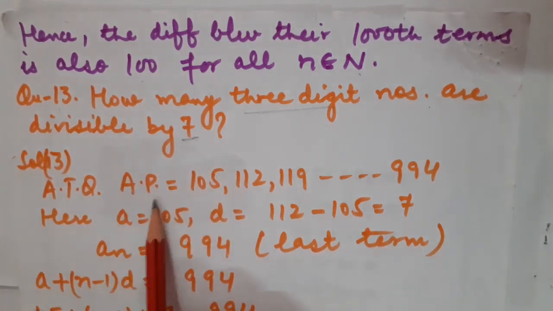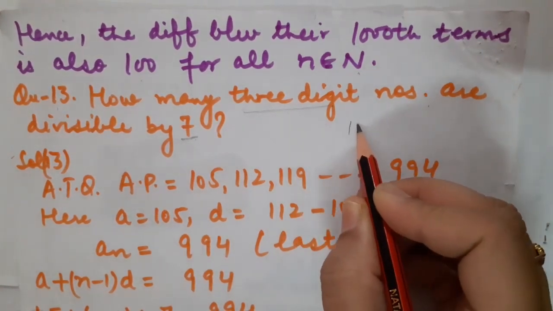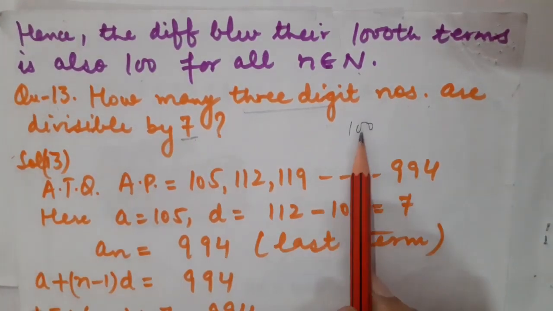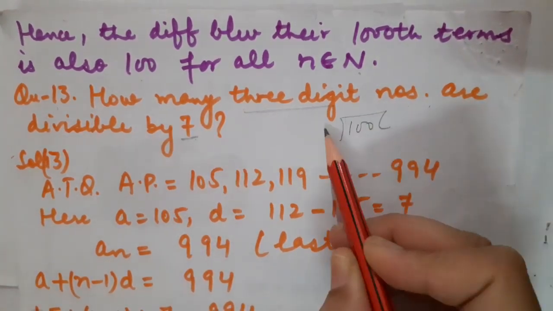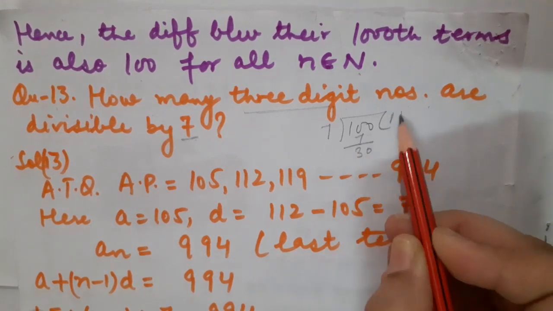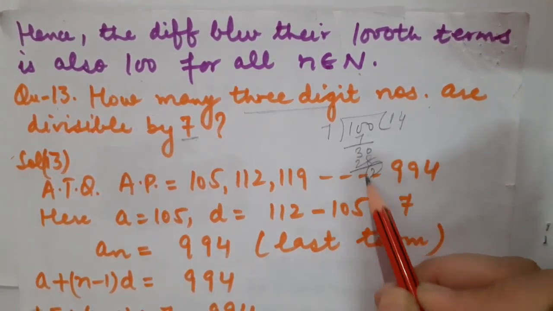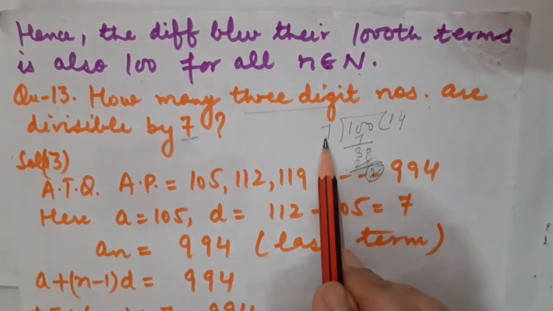For example, suppose I start with 100, because 100 is a 3-digit number. You divide it by 7. 7 ones are 7, you get 30, 7 fours are 28, so the remainder is 2.